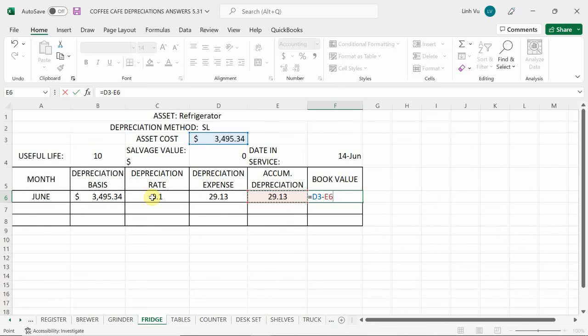There we go. Give me just a second. I put in the wrong number. It would be a total of 3,466.21. Good? Okay.